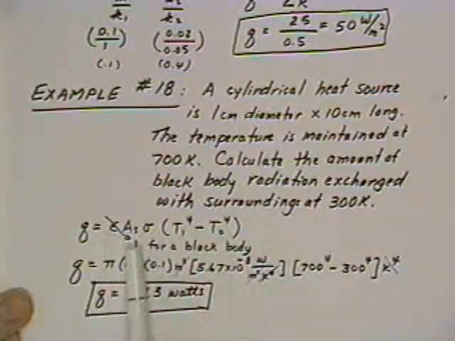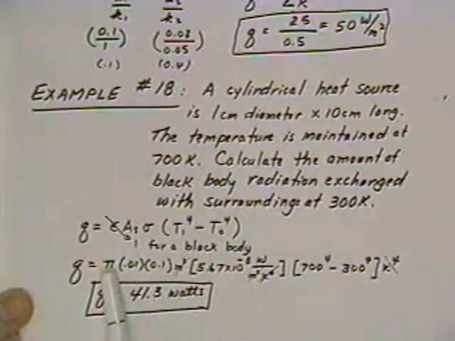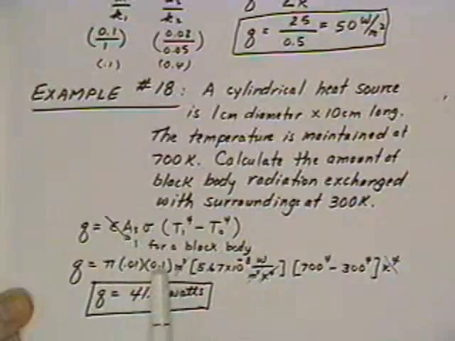Now, if we're assuming black body radiation, the emissivity is 1, and that's the assumption you're going to make for epsilon. And so the surface area is pi dl. So it's pi times the diameter of 0.01 meters times the length, which is 0.1 meters.